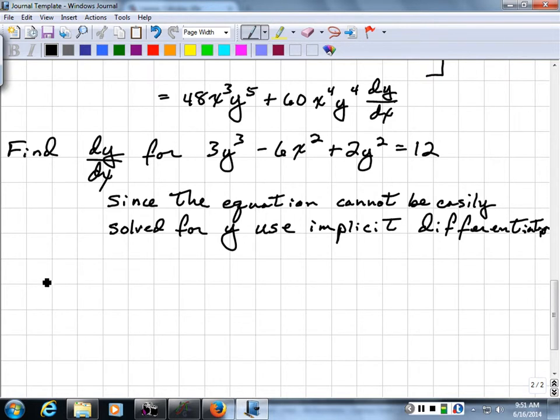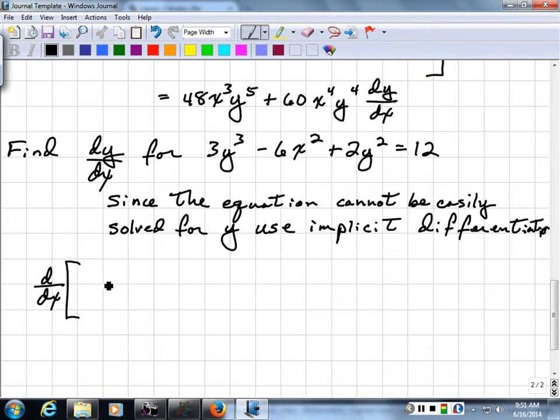So we're going to do d over dx. And I could put dy over dx, but really, in this particular case, since I'm finding dy over dx, we're going to look at d over dx, because this whole thing has to have the derivative taken with respect to x. Okay?